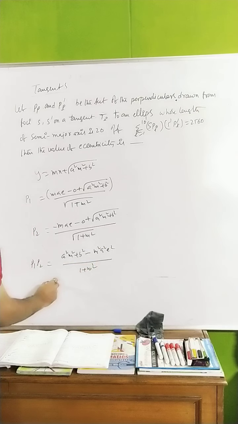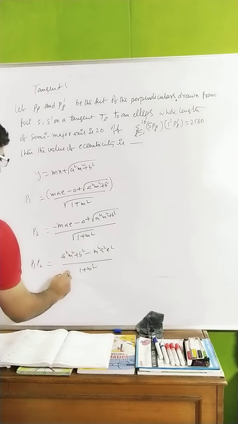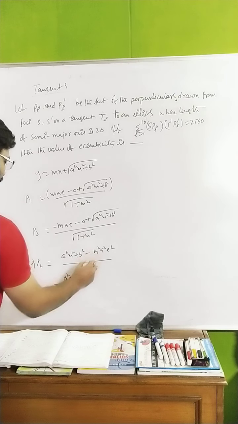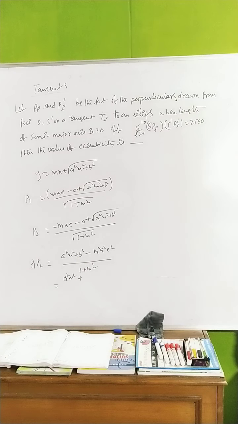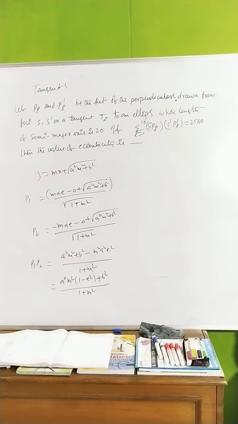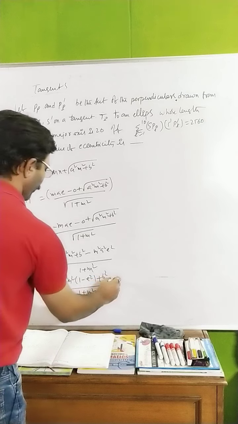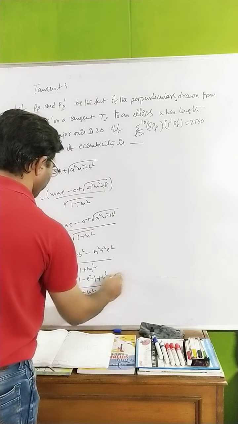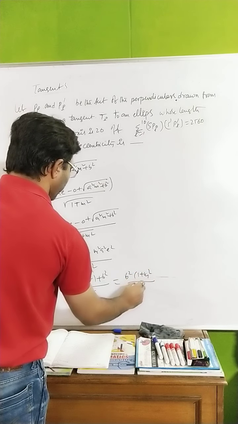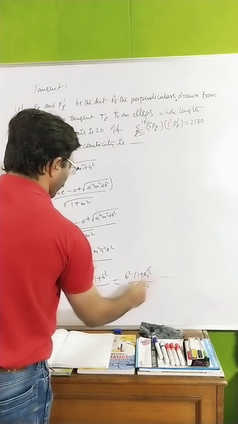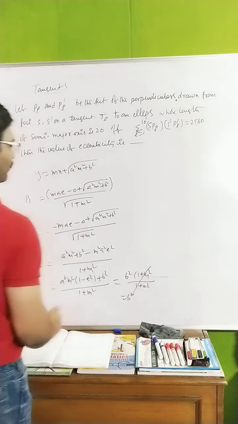Now if you take a square m square and b square, you can write b square as b square times (1 plus m square) divided by 1 plus m square, which cancels. So what we got? b square.